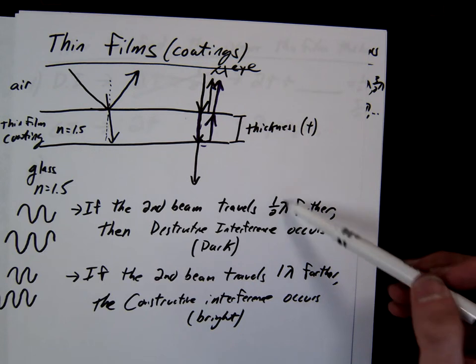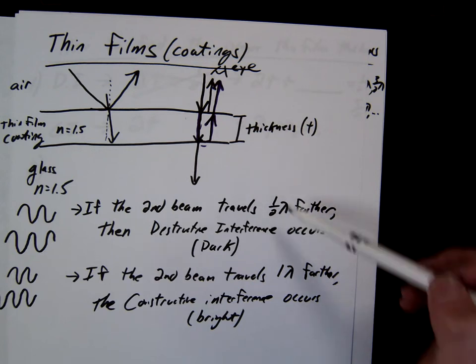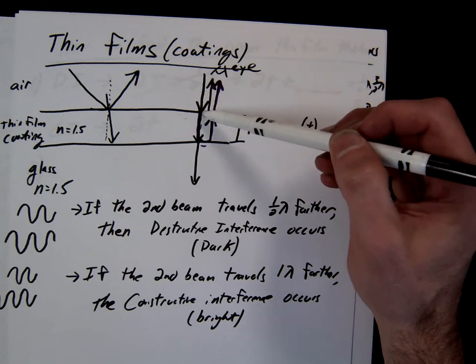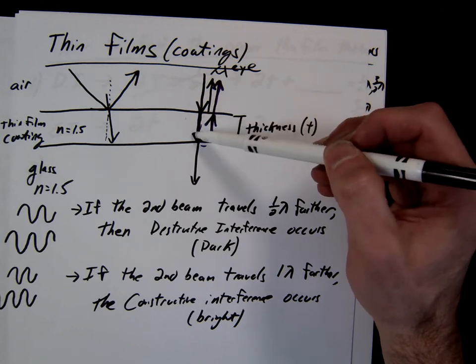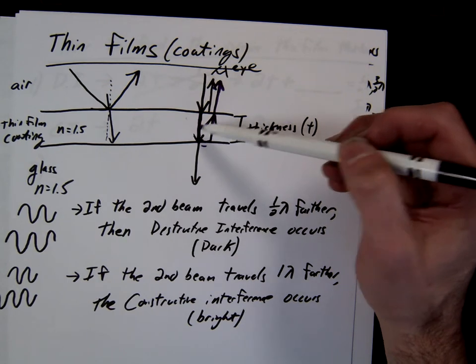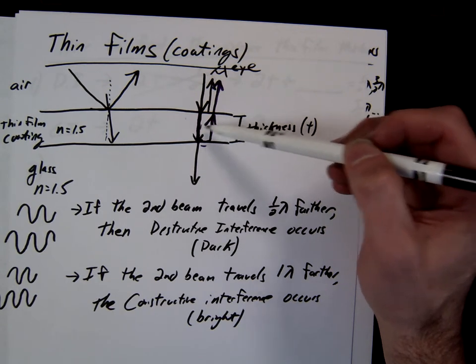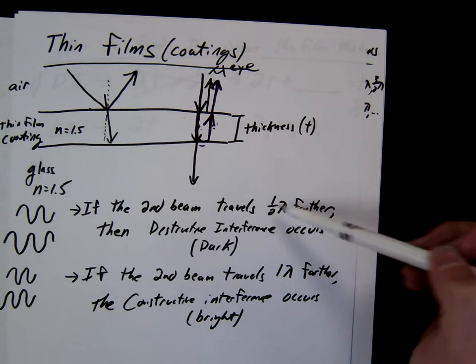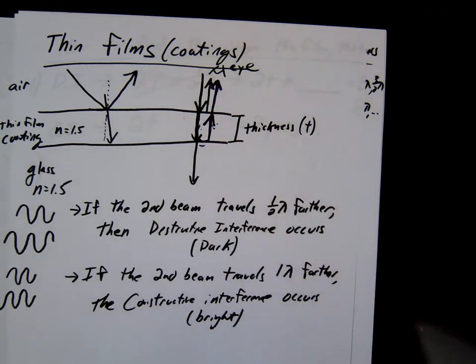That will create destructive interference. So the exact distance it actually travels is, it goes down a distance, the thickness of the coating, and then up the thickness of the coating. So the actual distance it travels is twice the thickness of the coating. And you want that 2t to be equal to 1/2 a wavelength. That will produce destructive interference.